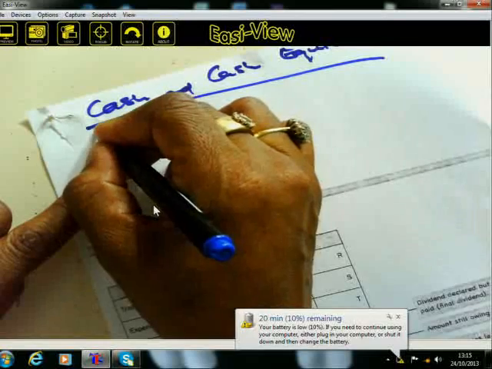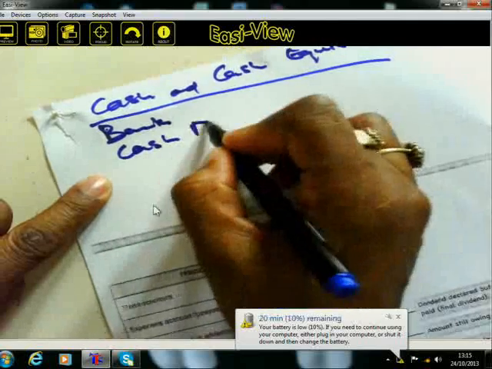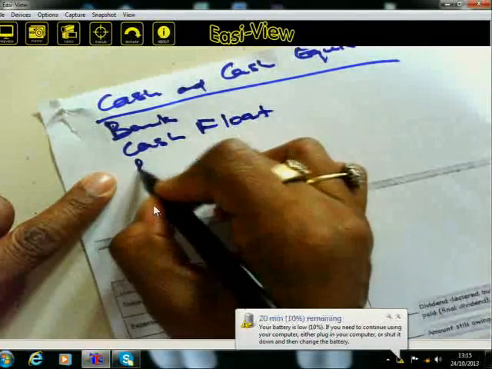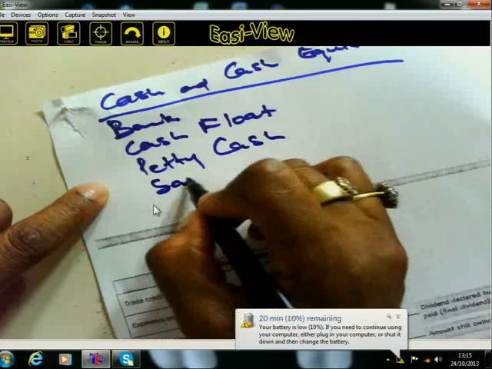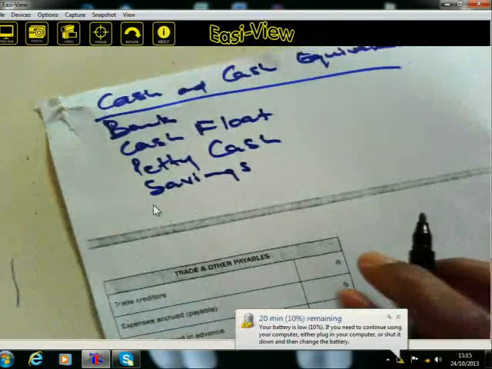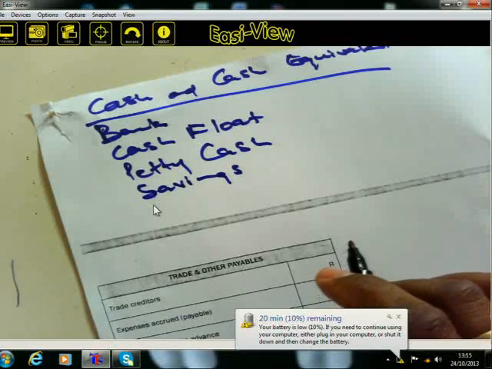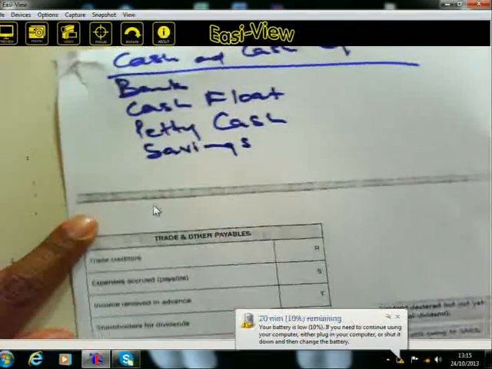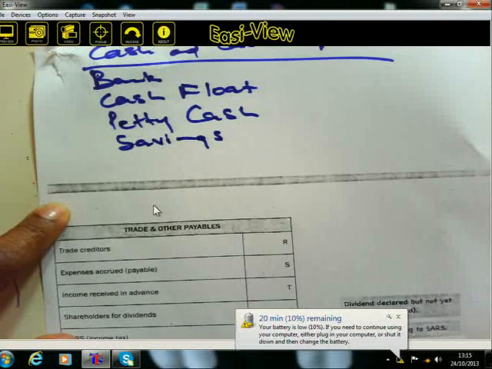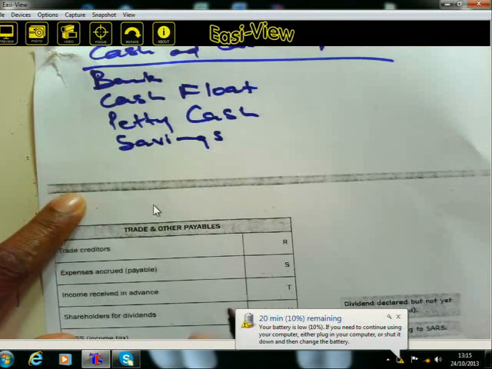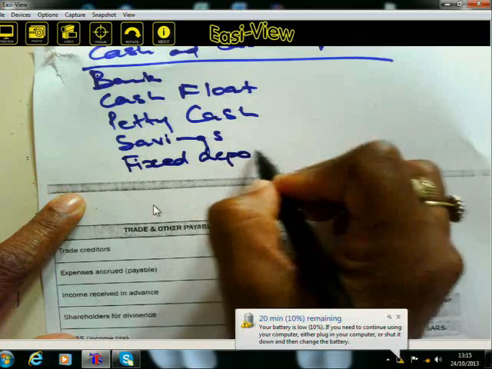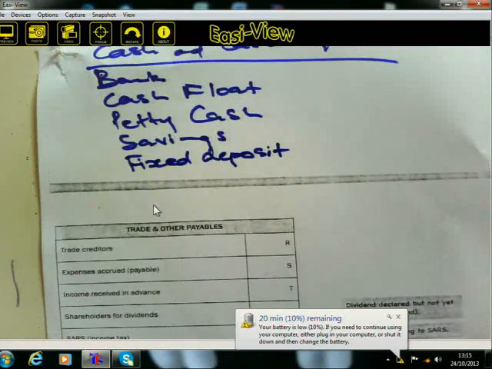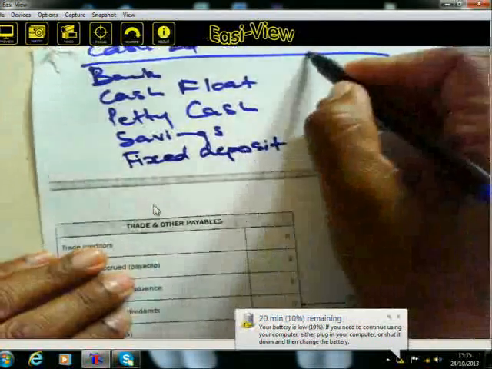There we consider our cash in the bank, the cash float, petty cash, any savings, and if maybe you have a fixed deposit which is going to mature and you'll be receiving the money within the coming 12 months, then that fixed deposit should be included under the cash and cash equivalents.